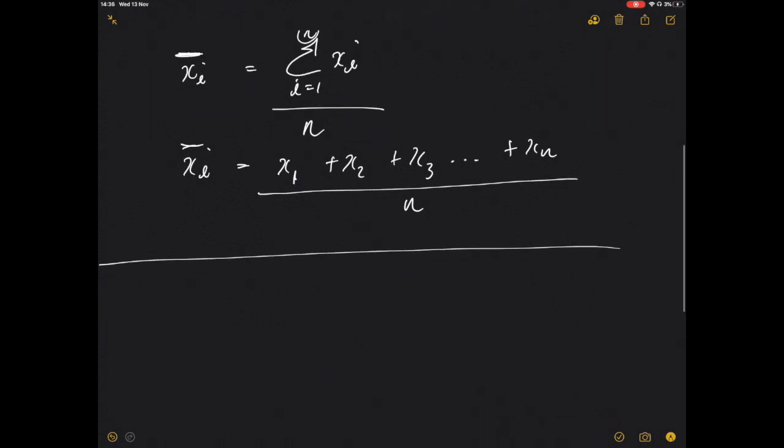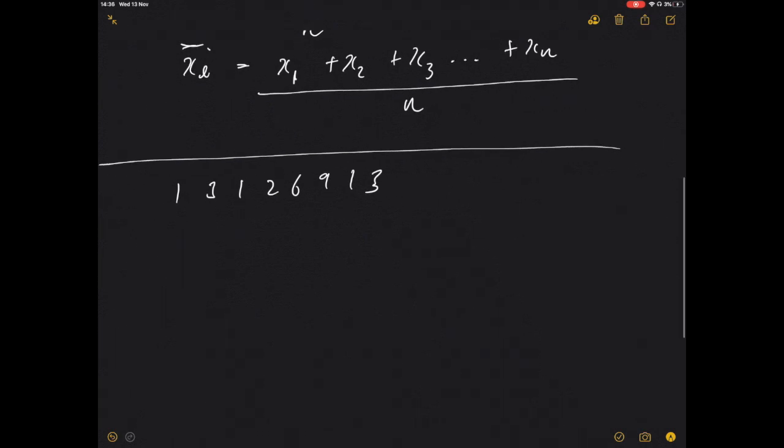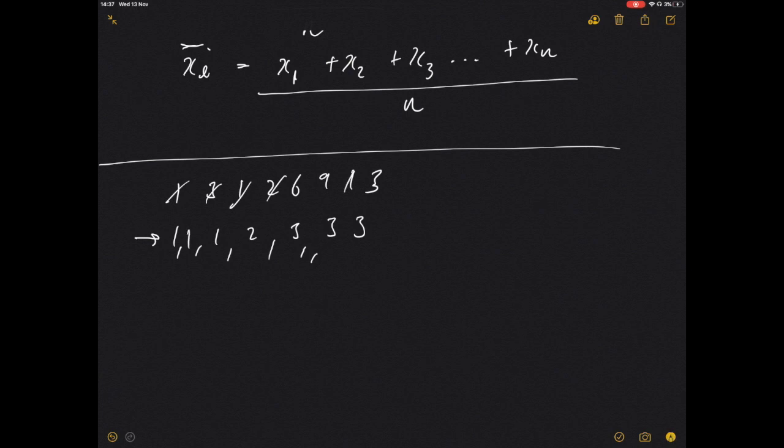Our next tool we often use is the median, which is a way in which we can find the central point of the data. Say I have a data set: 1, 3, 1, 2, 6, 9, 1, 3. We can put this data into order.